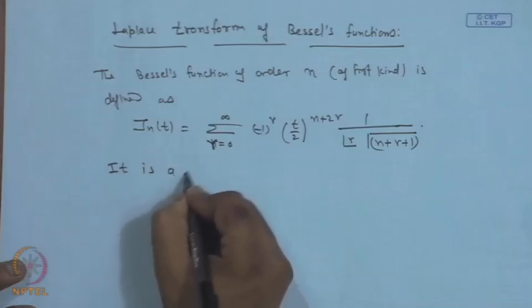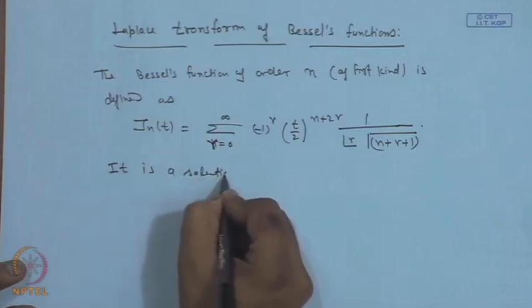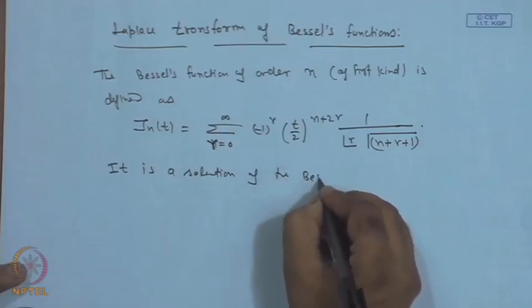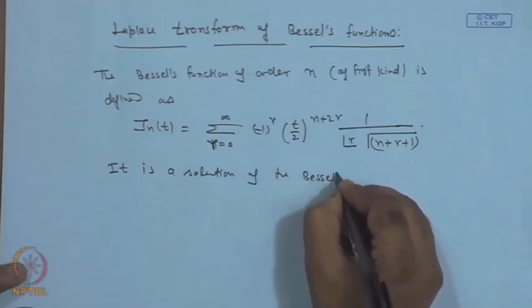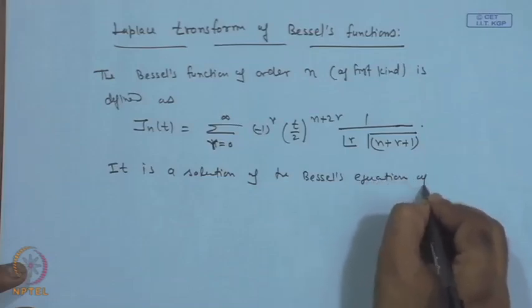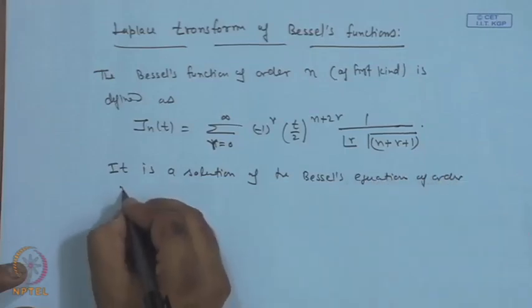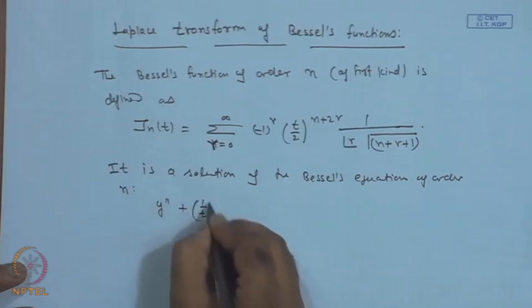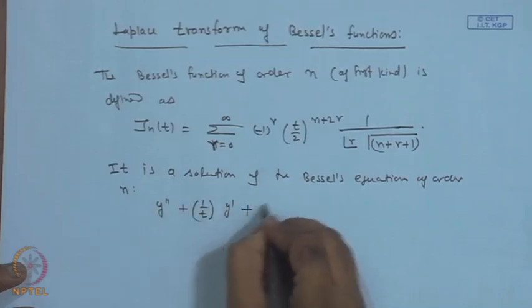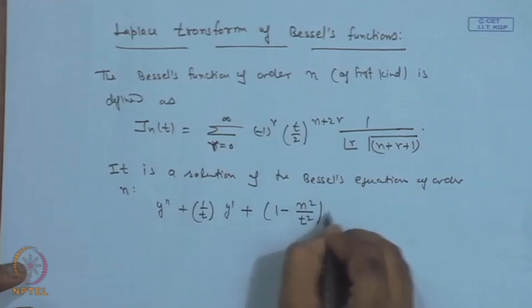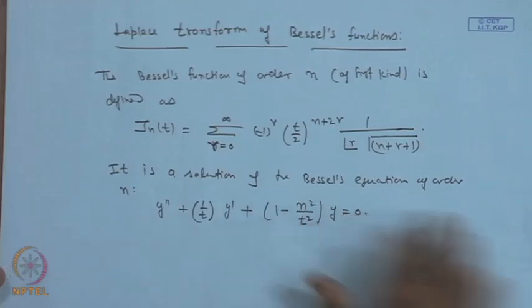And what exactly it is actually. So, it is a solution of the Bessel equation, the Bessel's equation of order n: y double prime plus 1 over t y prime plus (1 minus n square over t square) y is equal to 0.